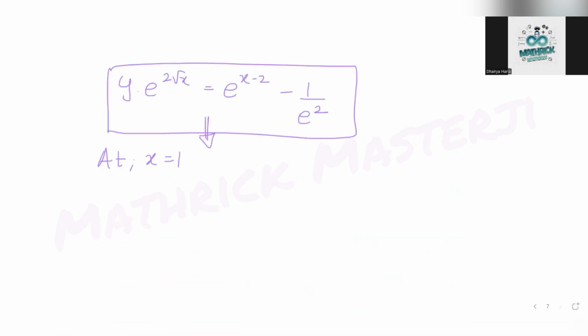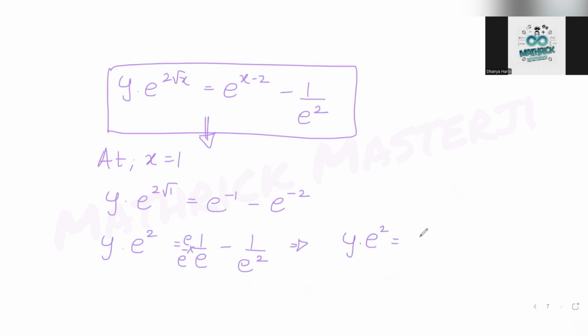So let's put it. So I get from here y e raised to 2 root of x, which means root of 1, equals e raised to 1 minus 2, which is minus 1, minus e raised to minus 2. So what do I get is y e squared. This becomes 1 over e minus 1 over e squared. So I multiply both sides with e, that leaves you with y into e squared is e minus 1 over e squared.